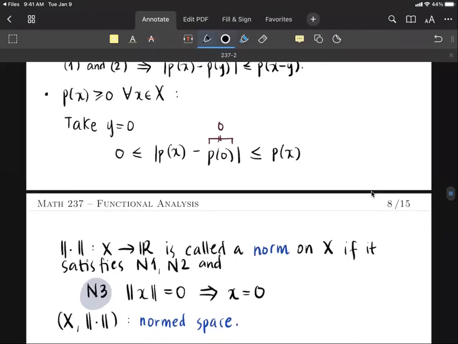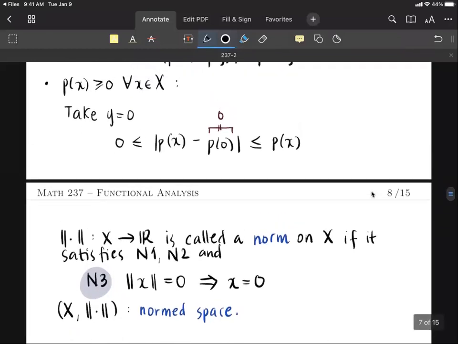And in the same way as we have already done, if you have a pair X and a norm on the vector space X, then we call the pair a norm space. And as usual, if the norm is clear in the context, we shall refer to X as the vector space.